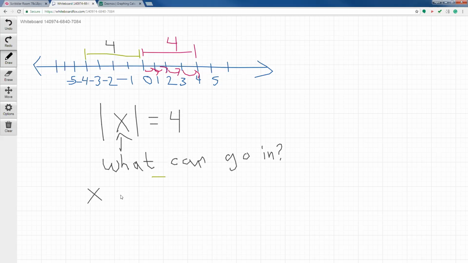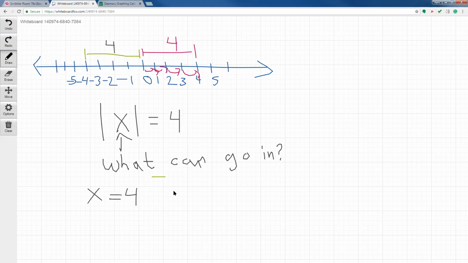X can be 4. So if we put an absolute value of 4 in, we get 4. There is only one other number. What other number can you put in the variable spot and you still get 4 as your answer? Negative 4. So Alicia said 4, Mark said 4.